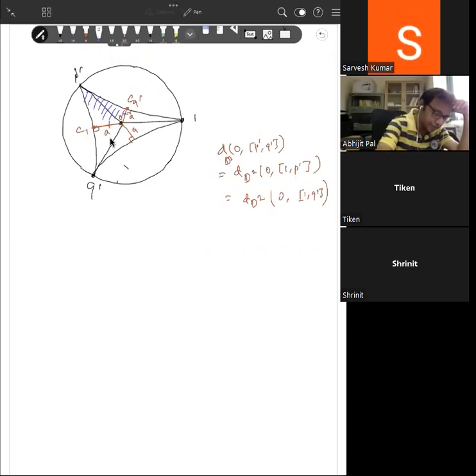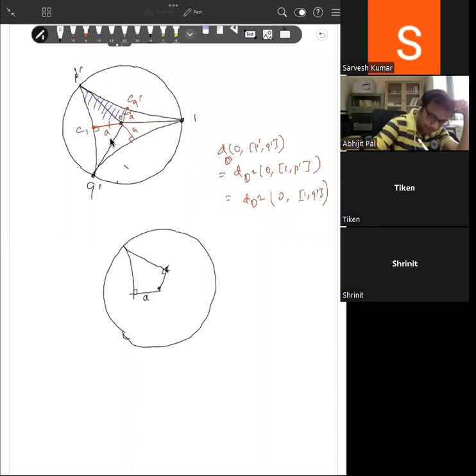Let me redraw this thing again in the Poincare disk. Something like this. This distance is A, this distance is A. This is my C1, this is my CQ prime, and this point is my P prime.